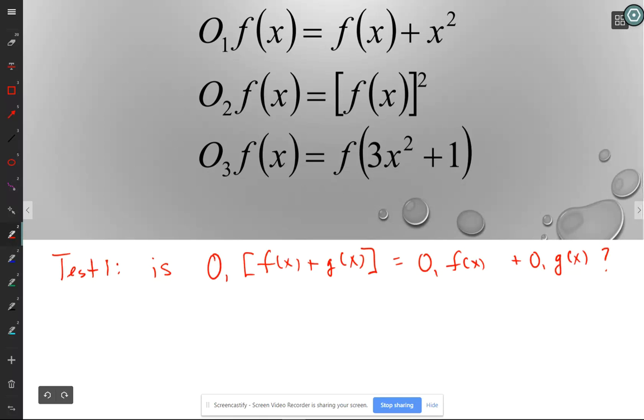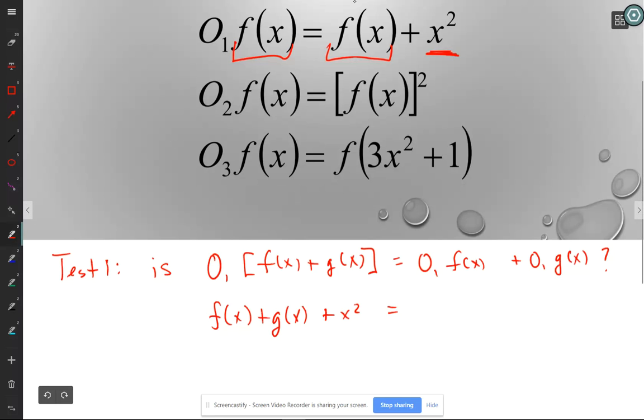So there's our test. I just go through and do it. If my entire function comes back the same and I just add a term, then the left-hand side is going to be f of x plus g of x, that's my entire function, plus x squared. The thing that was in the brackets plus x squared.